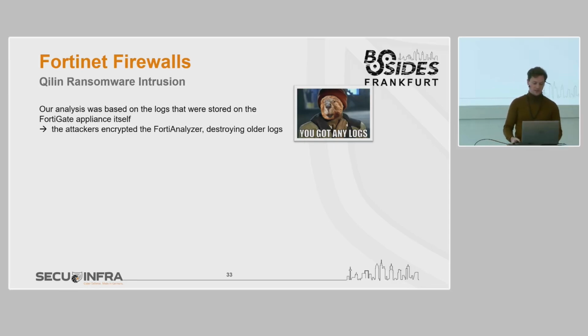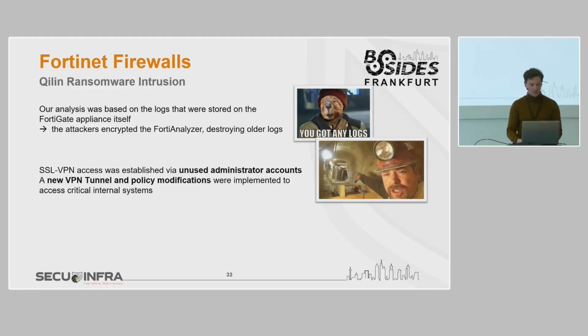If you have a FortiGate and FortiAnalyzer, consider it a tier 0 system and securely deposit your logs somewhere safe. Now, in our case, the attacker abused this vulnerability, took over some VPN sessions or created some VPN sessions for unused administrative accounts. So he didn't create new accounts, but used existing accounts, which is a bit better for blending in sometimes.